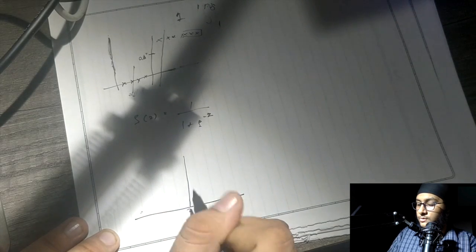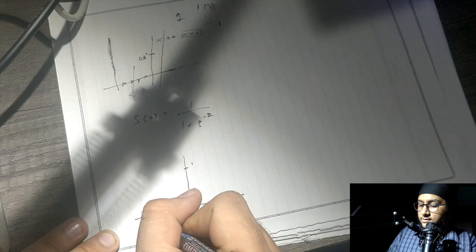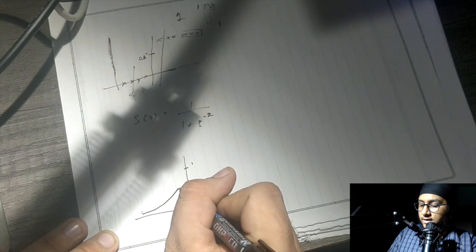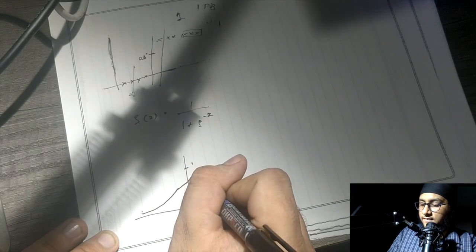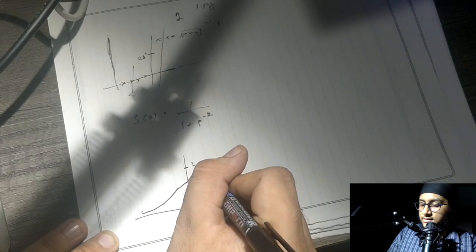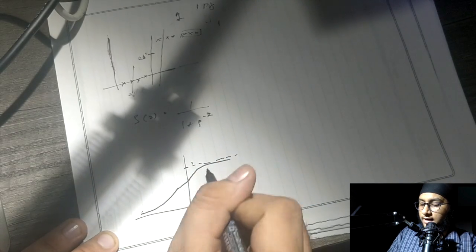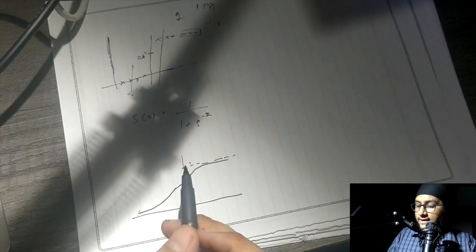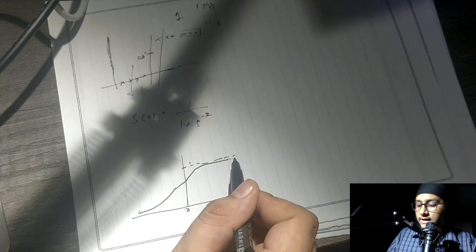This is 0, and here we have 1, and it is cut off at 0.5. So we have an asymptote at 1, and 0 is an asymptote and 1 is an asymptote. What does asymptote mean? It means that it will try to reach towards one value but would never touch it. Till infinity it would try to reach 1 but never touch 1, and the same goes for 0: towards negative infinity it would try to reach 0 but would never be able to touch 0.